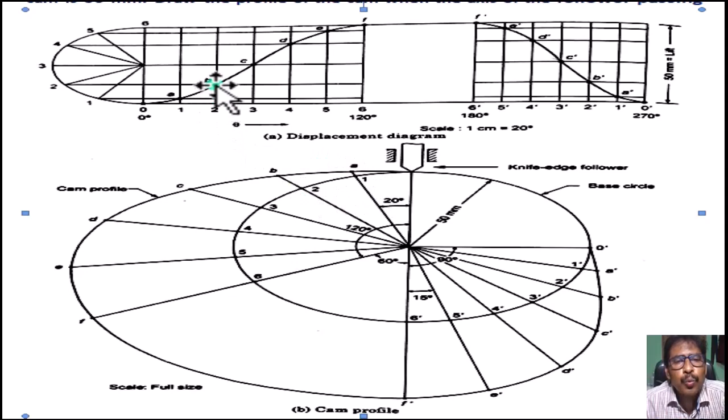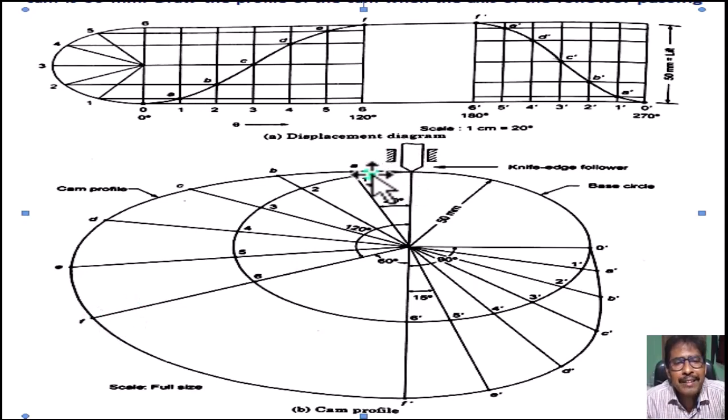Now 2B, cut this portion. 3C, cut this portion. Now on this extension line cut 4D. Now 5E, cut this portion and mark here. Now 6F, on this extension line, cut this portion.